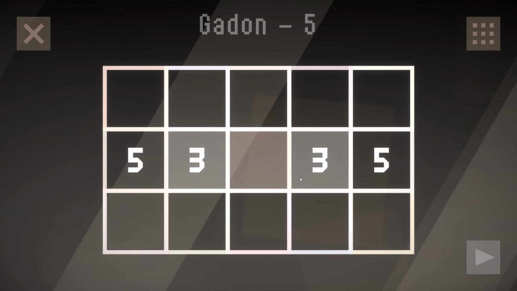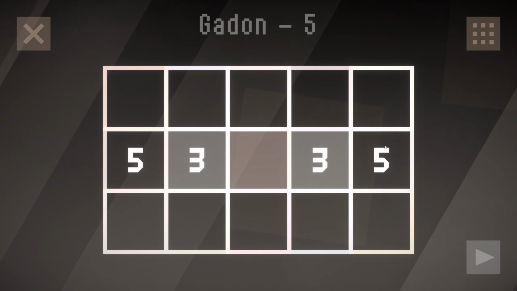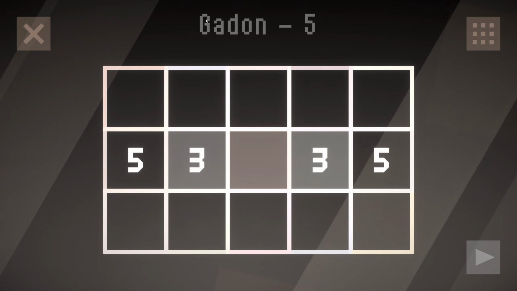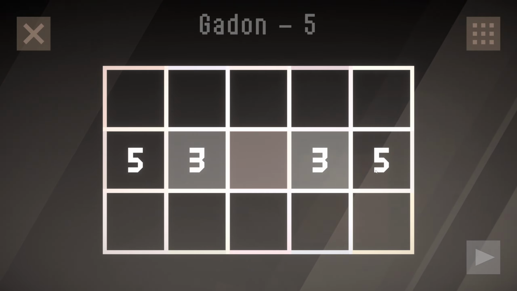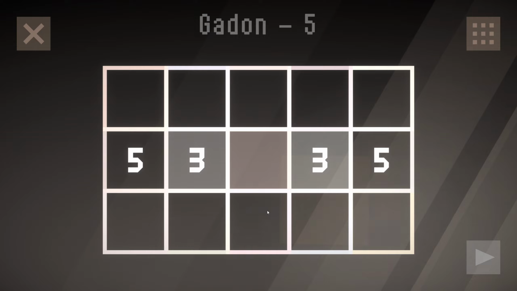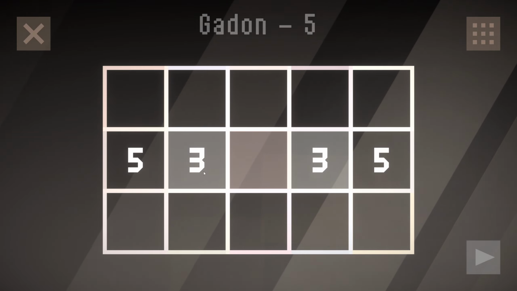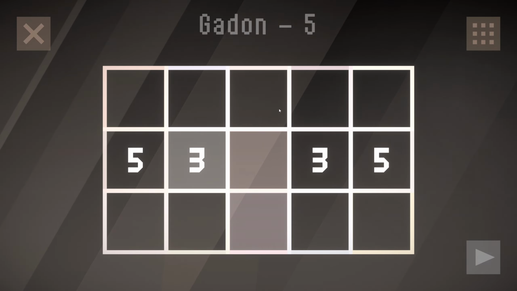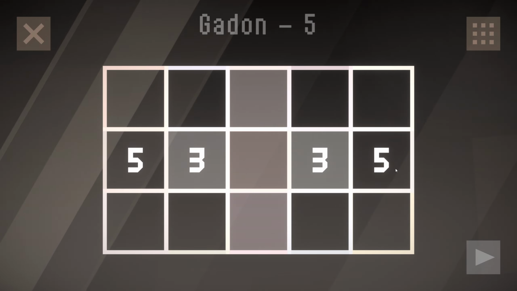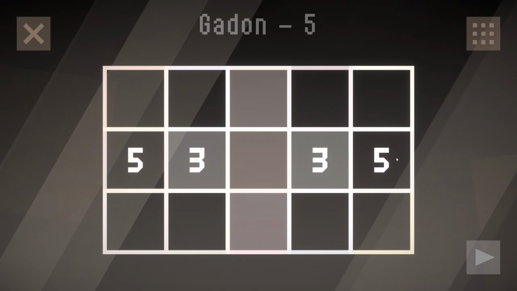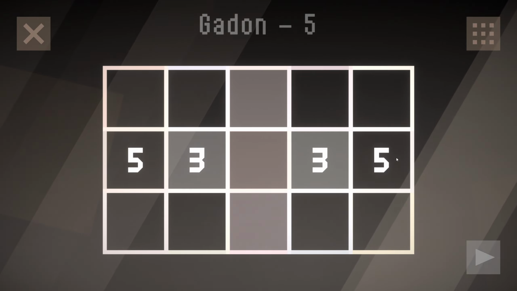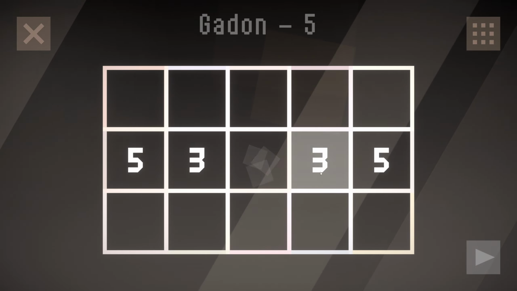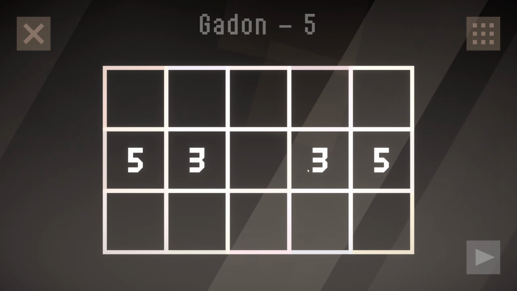So if this is true, how can you possibly get the 5s into separate zones or similar zones? I don't understand that at all. It's 15 tiles for 16's worth of space.